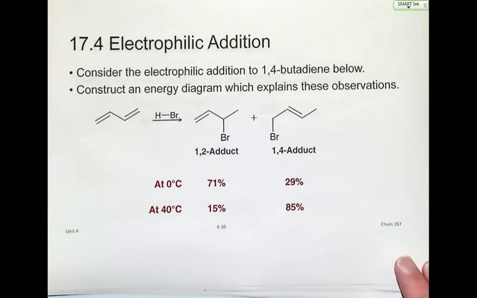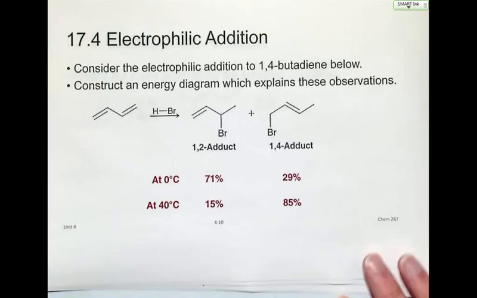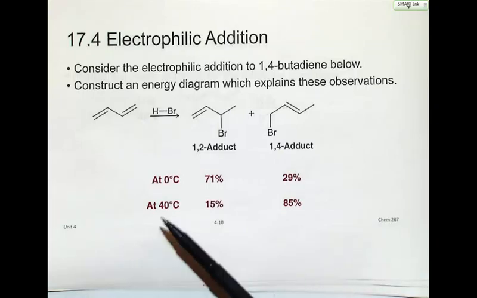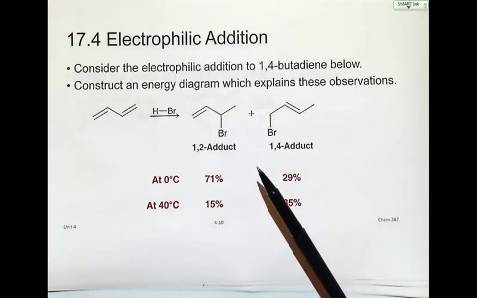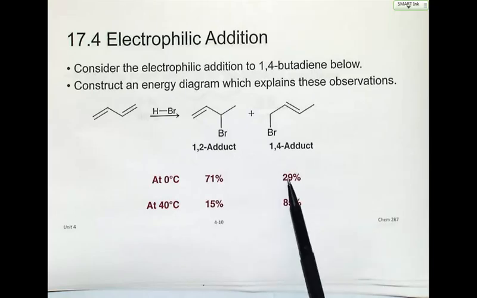Now here's a little brain puzzle. Here's a reaction of a conjugated diene. It's an electrophilic addition. And if you conduct this experiment at 0 degrees Celsius, we'll get this thing called the 1,2 adduct as the major product. The minor product is what we call the 1,4 adduct.